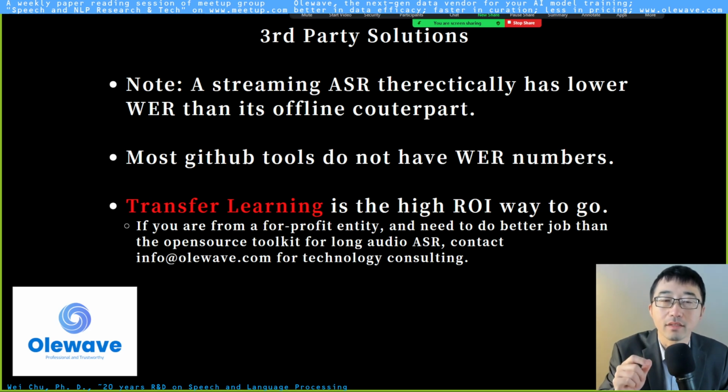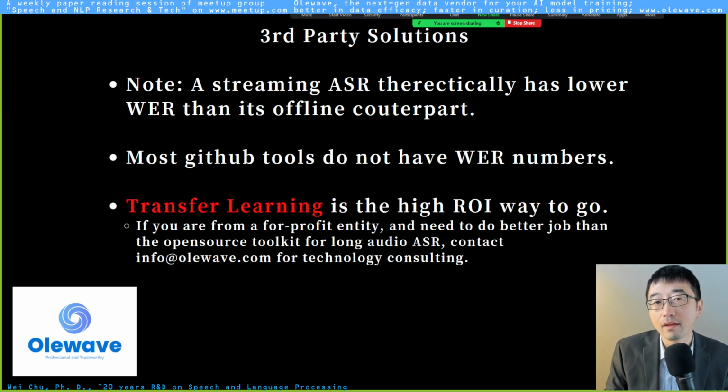I mean, benchmarks against the offline speech recognition results. Because theoretically speaking, I'm speaking to you as a speech researcher for many years, a streaming ASR theoretically has a lower WER than its offline counterparts.